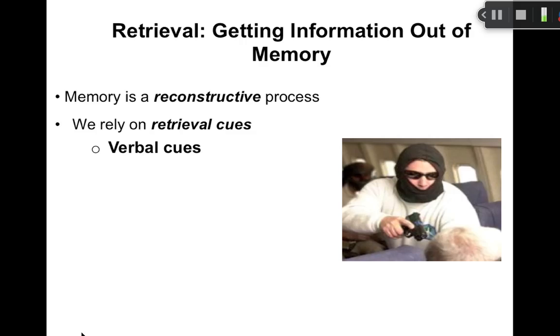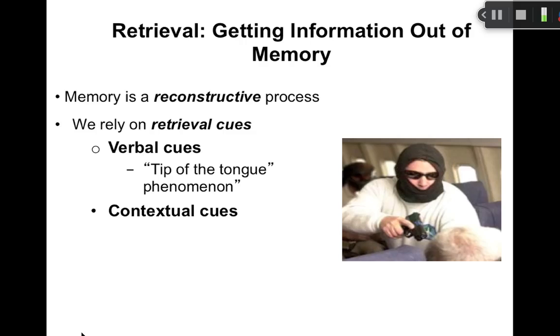If I give you a cue, like it starts with an R, you might say, oh yeah, it's Raleigh, North Carolina. So verbal cues can trigger the retrieval. It's known as a tip of the tongue phenomenon. You know you have it in there, you just can't quite get it out, and then all it takes is somebody to give you a little cue like that, and out it comes.